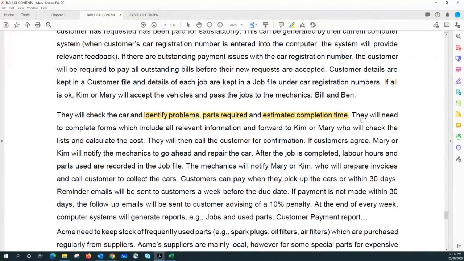It says they will need to complete the forms which include all the relevant information and forward them to Kim or Mary, who will check the list and calculate the cost. All right. So calculating the cost of repair is handled by Mary or Kim.